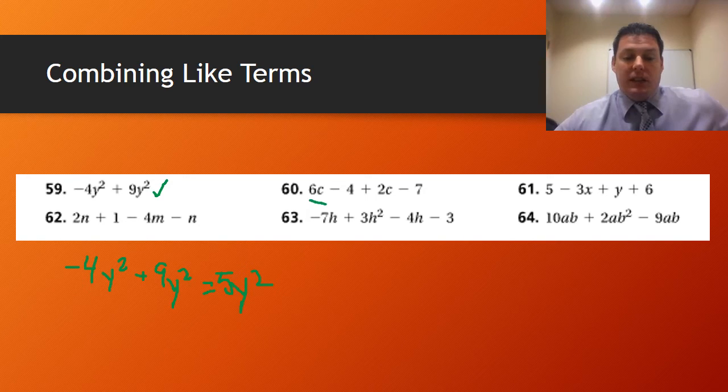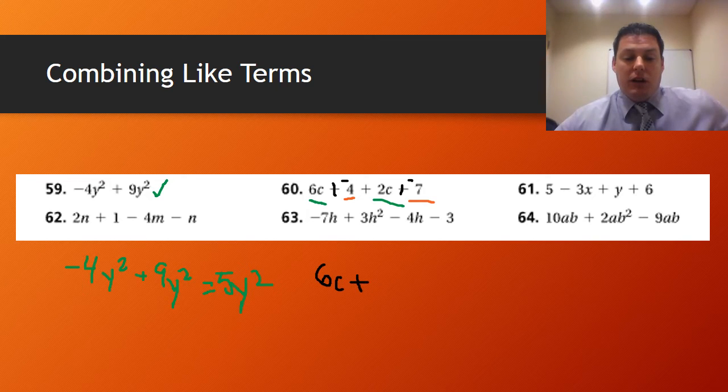For number 60, I'm going to combine the c's. I'm going to rewrite it so that the c's are together and the constants are together. And remember, we want to change the sign. So we have 6c plus negative 4.